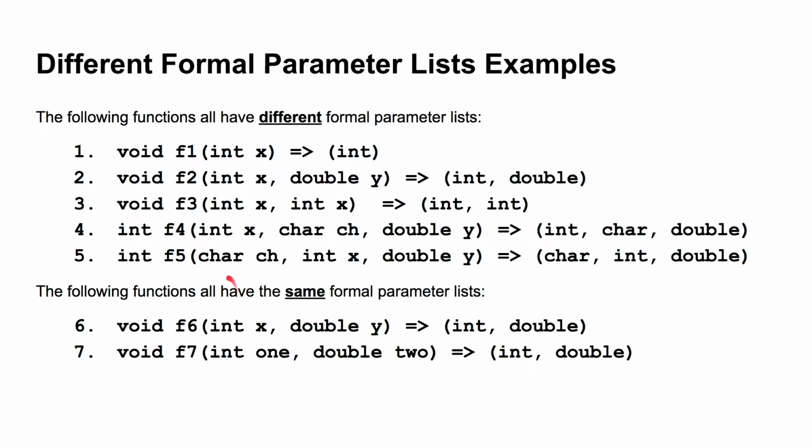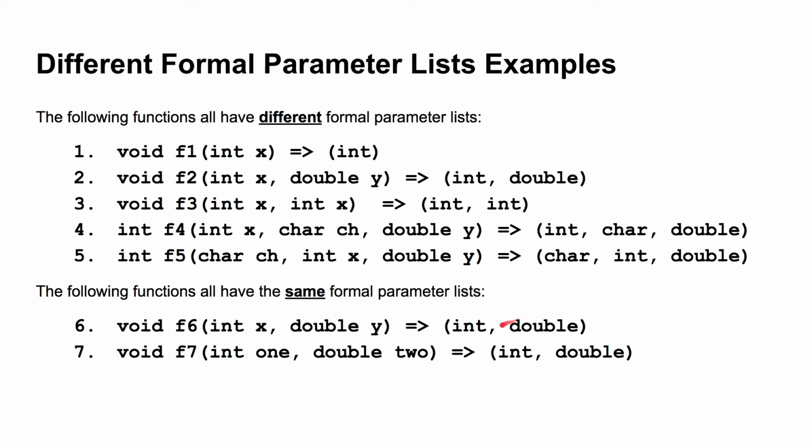But if we come down to here, 6 and 7, we have this f6, which takes an integer and a double, and this f7, which takes an integer and a double. And when we look at their formal parameter list, it doesn't matter that the names are different because the names don't come into account when we are checking if formal parameter lists are different.